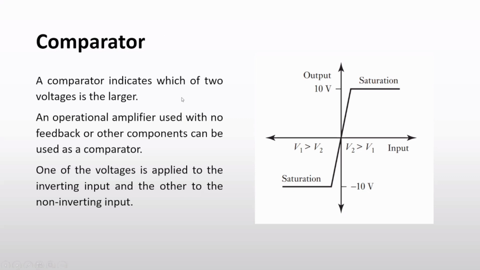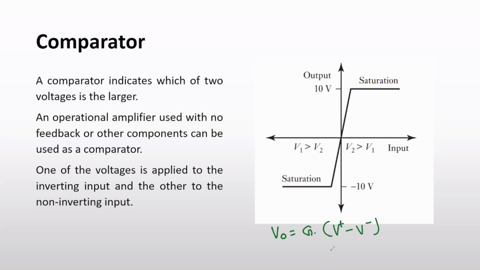In a comparator, it indicates which of the two voltages is larger. Normally in an op-amp, the output voltage is multiplied by the gain, from the non-inverting input, V plus minus V minus.